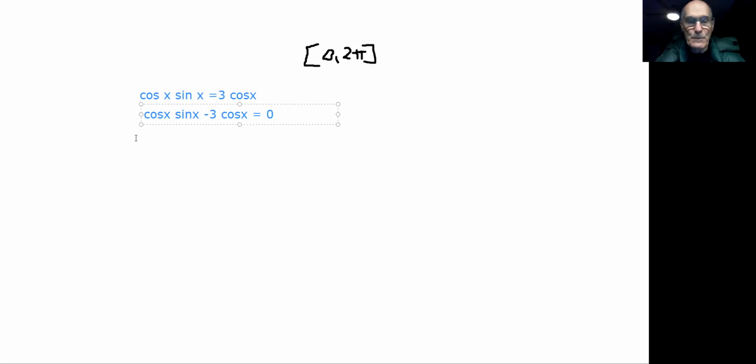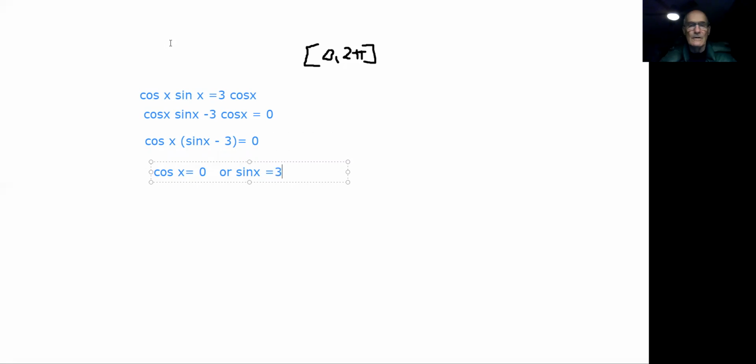Now, if you'll notice, since we have a cosine in both of the terms, we can factor out the cosine x, and then we have sine x minus 3 left, and that's equal to 0. So we got a couple of solutions here. We can say, okay, cosine x equals 0, or sine x minus 3 equals 0, which means sine x equals 3.